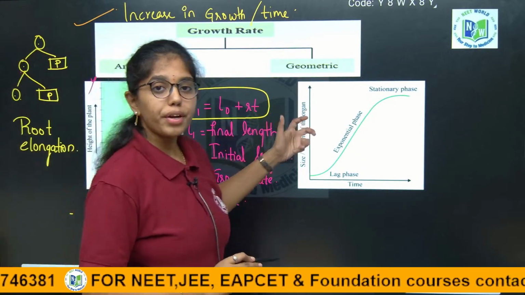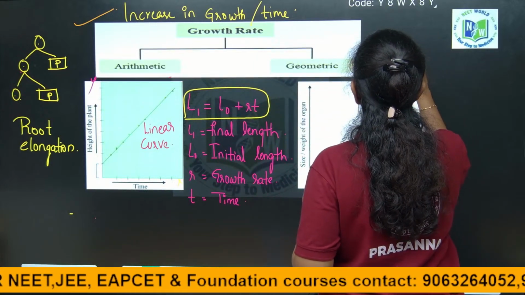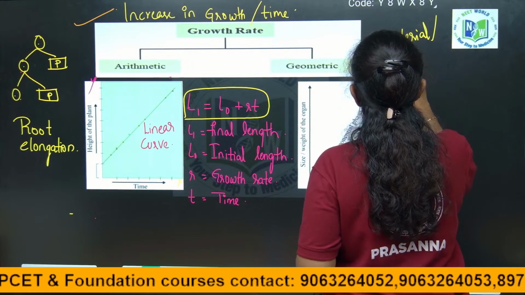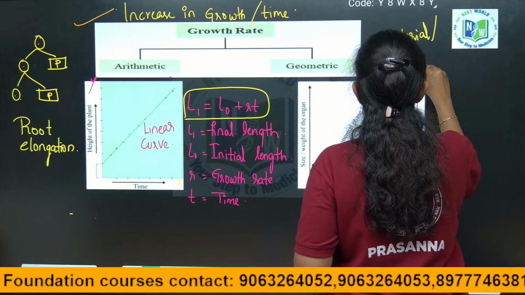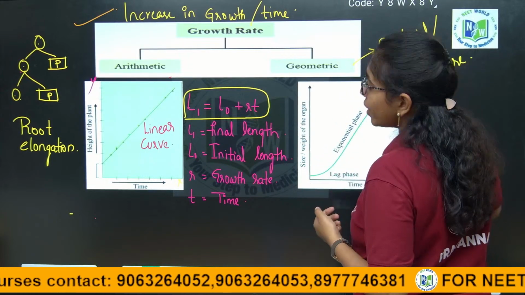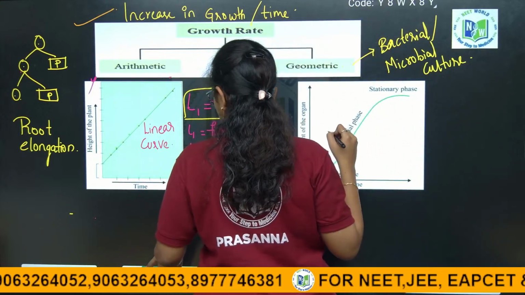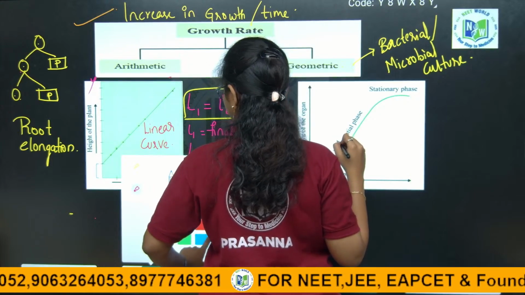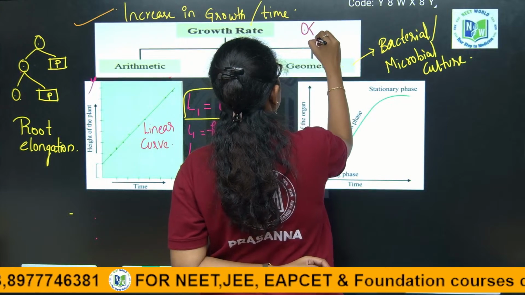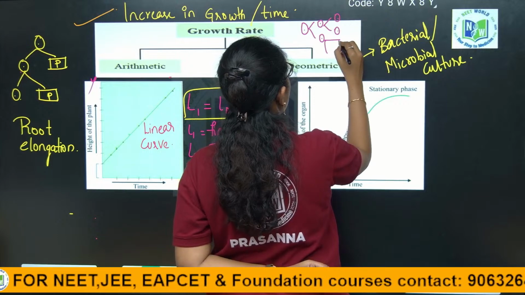Then comes geometric growth rate. Geometric growth rate is mostly seen in bacterial or microbial cultures, wherein one cell divides into two, and each daughter cell gives rise to two other daughter cells.